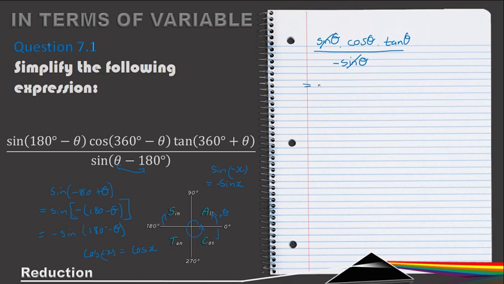So I'm going to just bring through my minus, and then I have cos theta. I can put the minus at the top or at the bottom. Then this becomes sine theta over cos theta. So this will then cancel, and my final answer will then be minus sine theta.